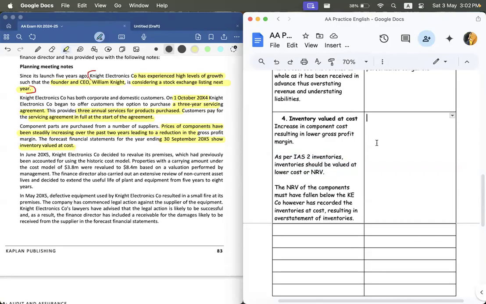You're going to look at the selling price charged at the year end, and you're going to ensure that the NRV is actually above the cost. Clear. If they are so confident on recording the inventories at cost, then NRV should be higher. Because whichever is lower is what we record. Understood the logic?